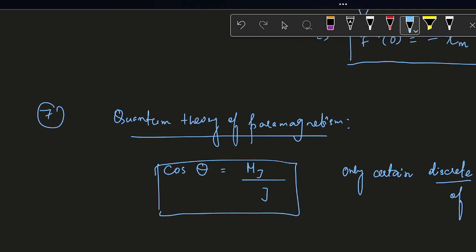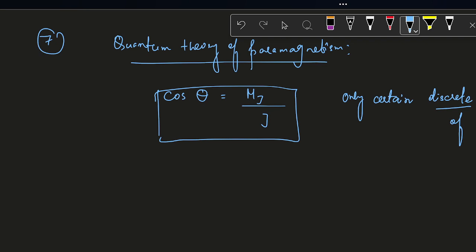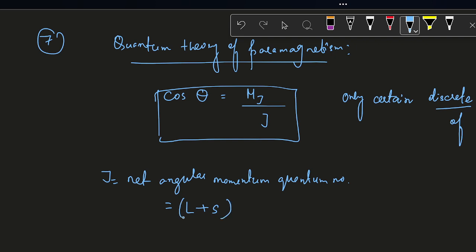Let's say this is your H. The discrete values that are allowed are given by the condition cos theta equal to M_J by J, where J is the net angular momentum quantum number of each atom, represented by L plus S. L is the orbital and S is the spin angular momentum quantum number, and J is the total sum of L plus S. This is because there is spin-orbit coupling present in the system. And M subscript J is nothing but what is called the magnetic quantum number.